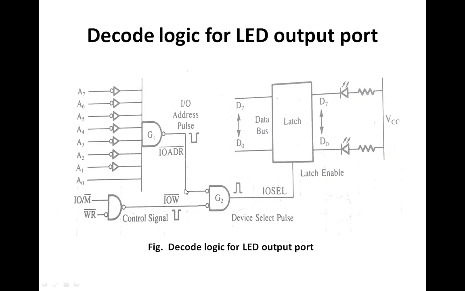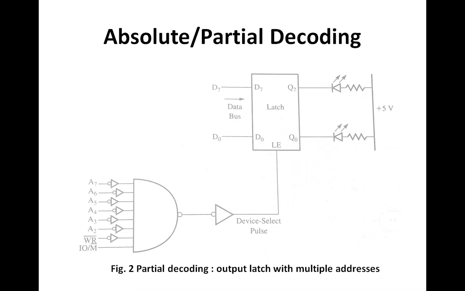This is called the absolute decoding process. And it's a good practice to use absolute decoding. However, just to minimize the cost, the output port can be selected by decoding with only certain address lines. This is an example of partial decoding.